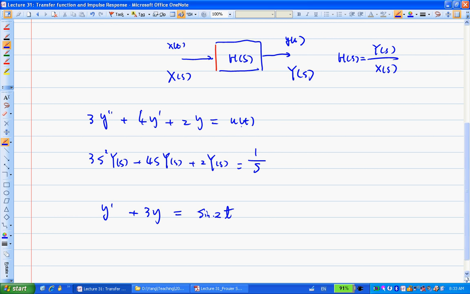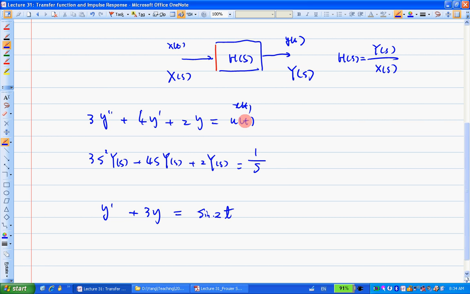In this particular case, let's say this is my x of t here. You know what x of t is already, but the transfer function does not depend on the input. It's basically a property of the system, so it doesn't change even if you change the input. You see what I'm saying?